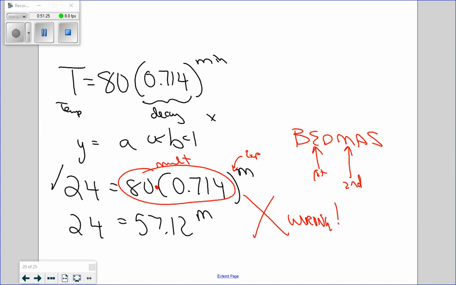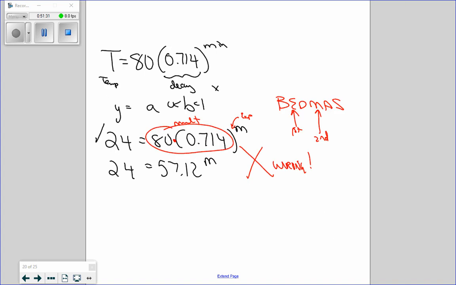Now, there is a set way all exponential equations are solved. They're all solved the exact same way. So the error was multiplying the 80 and the 0.714. The correct solution.